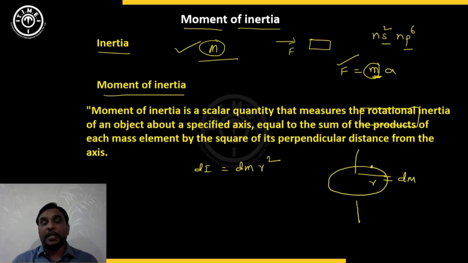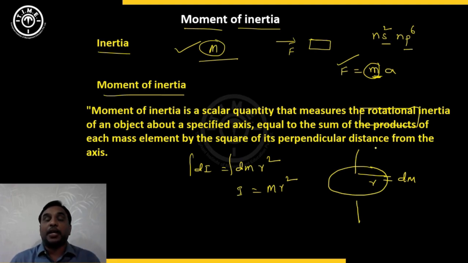If you select all the points on the circular ring and multiply mass into the square of the distance, you will get the total moment of inertia of that object. If you go for the integration process, then you can write I is equal to m r square. So it is the product of each mass element by the square of its perpendicular distance from the axis.